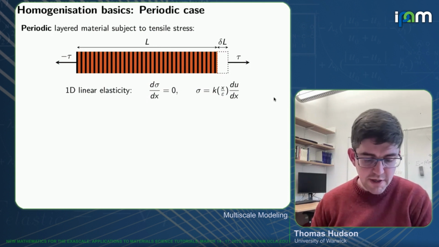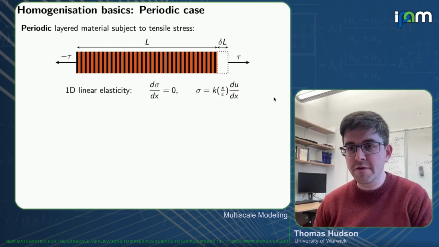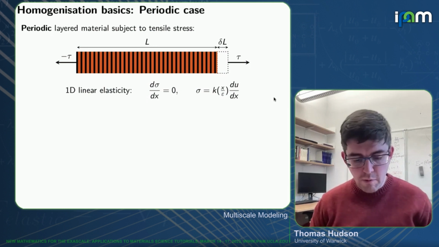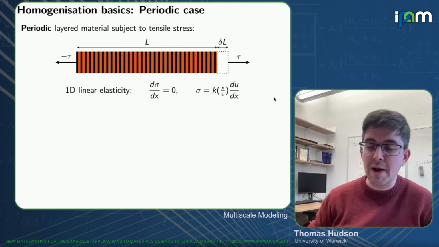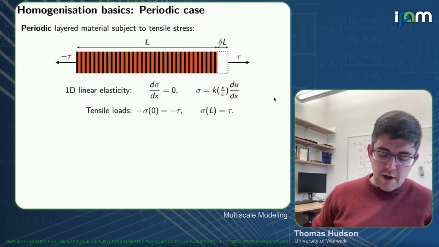What I'm interested in is something like the stress-strain response of this material, if I know the stress-strain response of the individual materials, the black and the orange materials in this picture. Like I said, I'm going to assume that I'm applying a tensile stress at either end of the material.